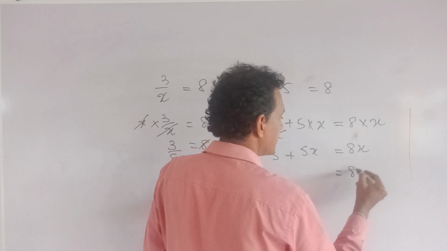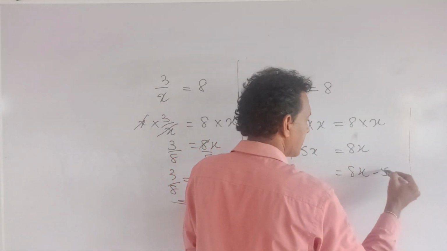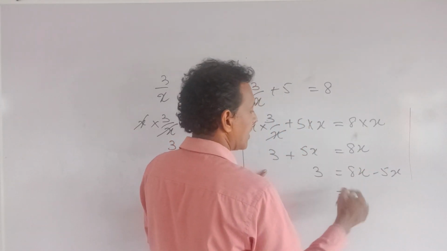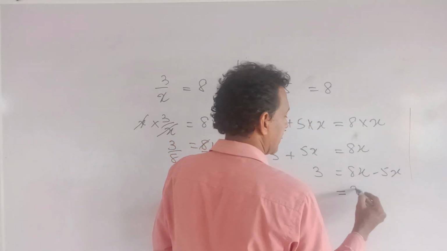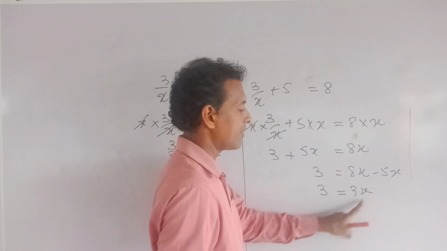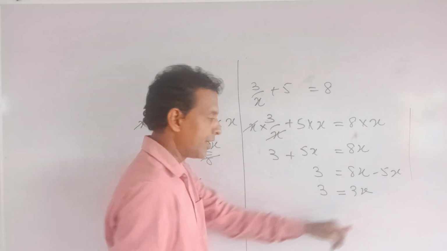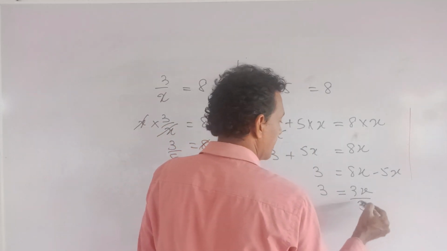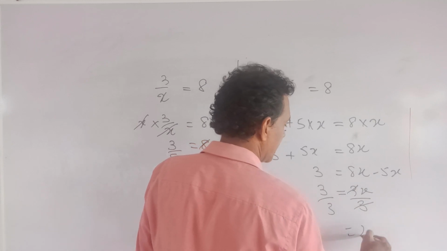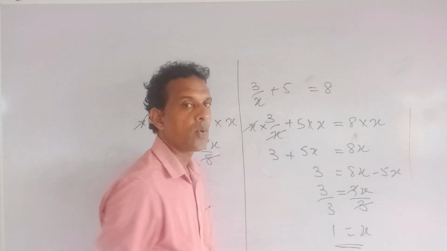Here we have 8x plus 5x, which becomes minus 5x, equals 3. 8x minus 5x is 3x equal to 3. The only operation we have is the product, the multiplication. So use the inverse operation, divide by 3. It gets cancelled. So x equals 1.